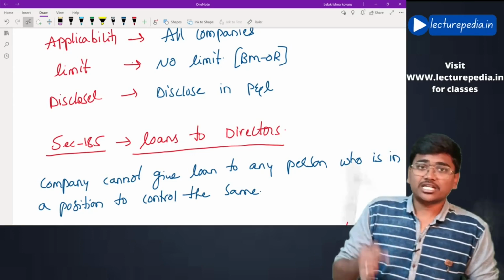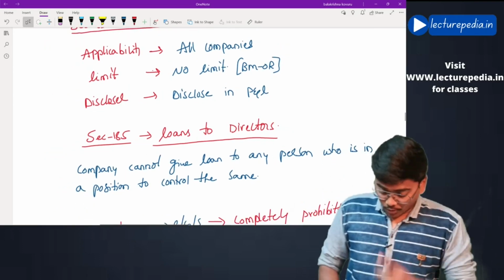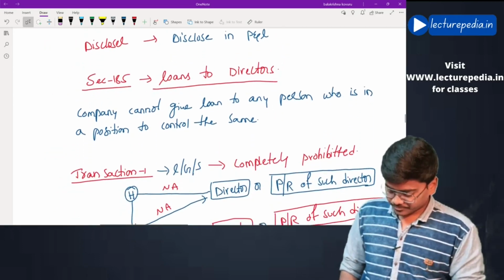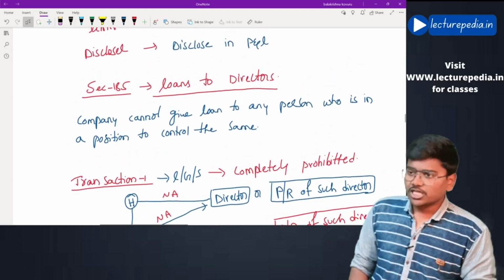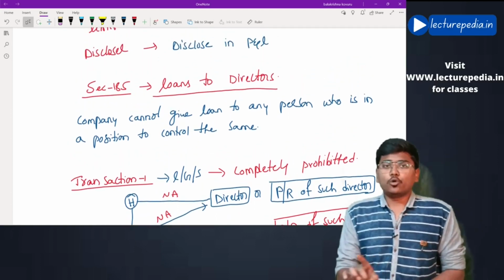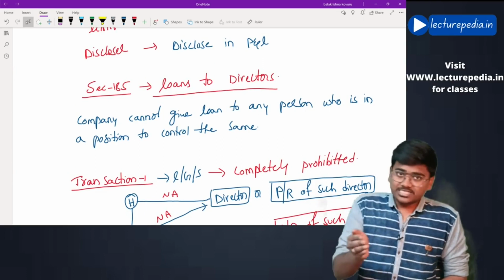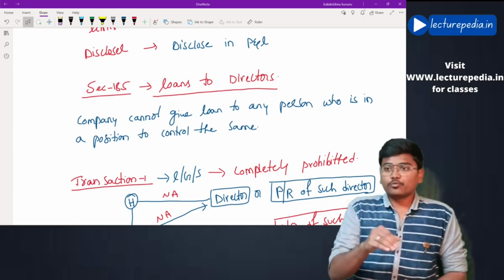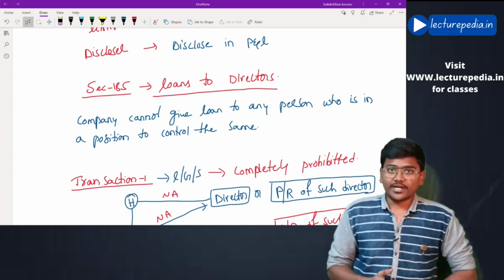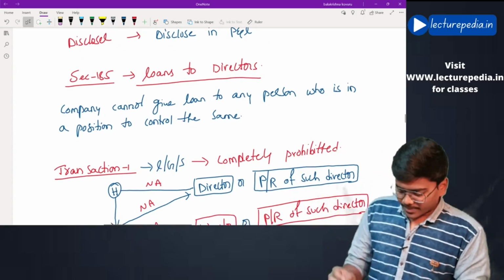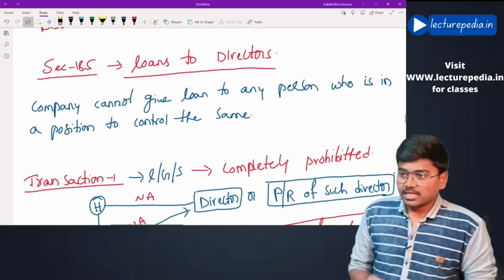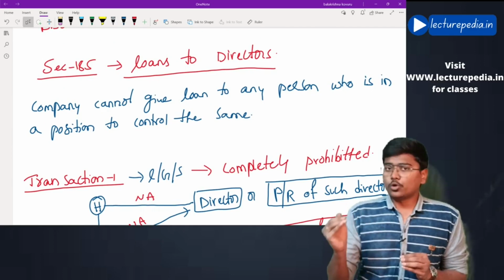Now we will move to section number 185, loans to directors. See, even though the name of the section is loans to directors, there are still various other parties which have been discussed in section number 185. Let us see. Basically, the general rule is that the company cannot give loan to the directors.